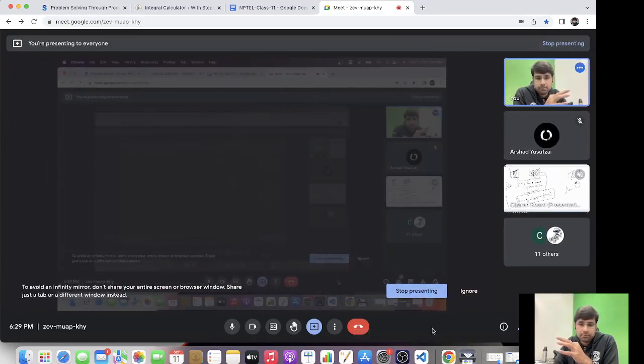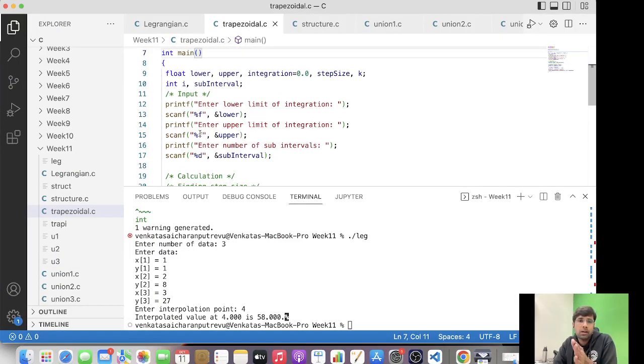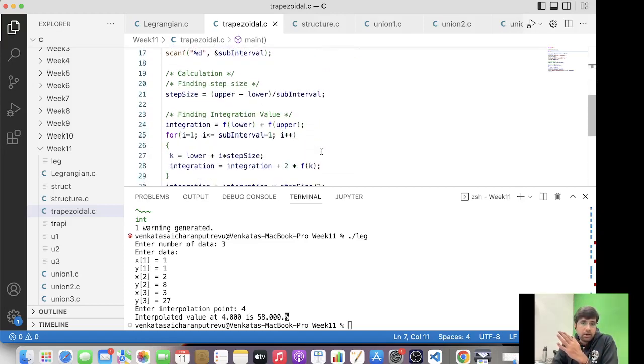Okay, let me go back to my Visual Studio. We will read the lower limit and upper limit, and then we will read the number of subintervals. That means how many times we want to break that particular curve in terms of trapezoids. Then we will find the step size, that is b minus a by n.